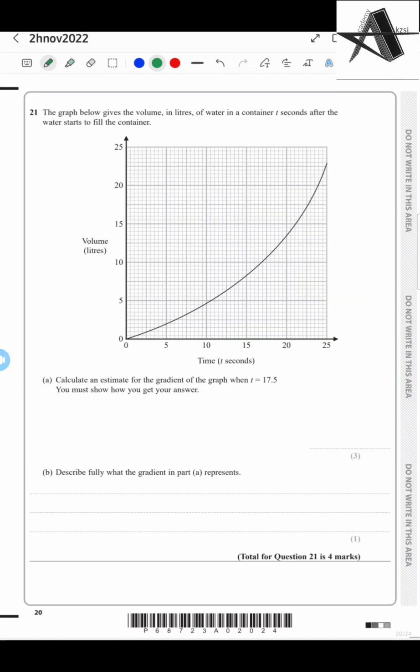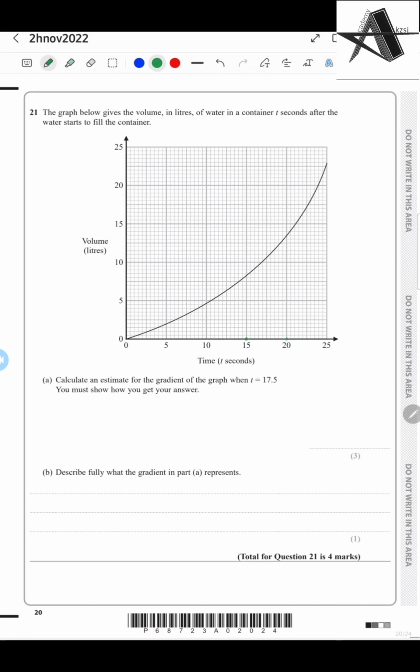Next question: the graph below gives the volume in liters of water in a container t seconds after the water starts to fill the container. Calculate an estimate for the gradient of the graph when t is equal to 17.5. You must show your working, how you got the answer. 17.5 means it would lie between 15 and 20.